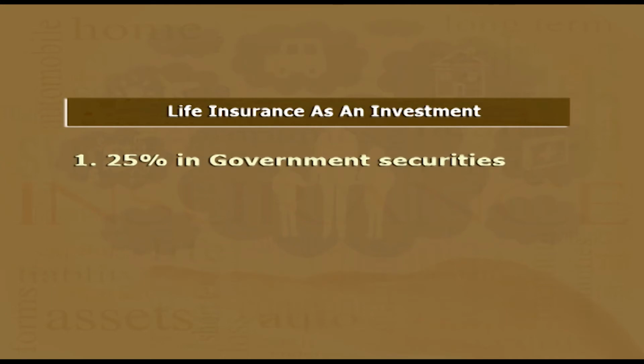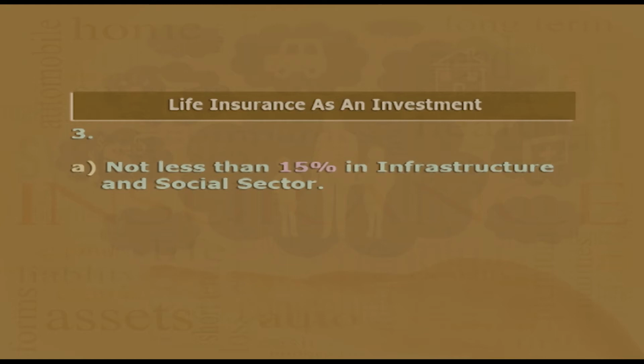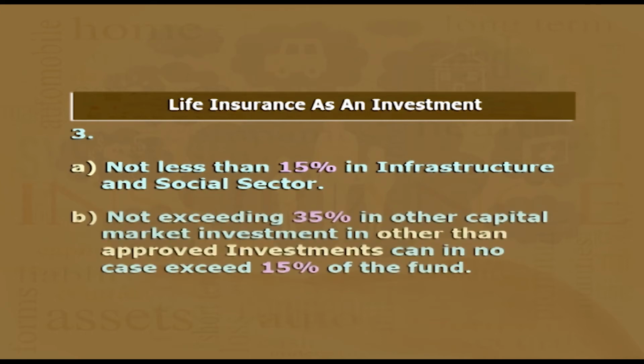Every insurer carrying on the business of life insurance shall invest and at all times keep invested in the said manner. Number 1, 25% in government securities. Number 2, not less than 50% in government or approved securities, including 25% in government securities. Number 3, A, not less than 15% in infrastructure and social sector, and B, not exceeding 35% in other capital market investment.